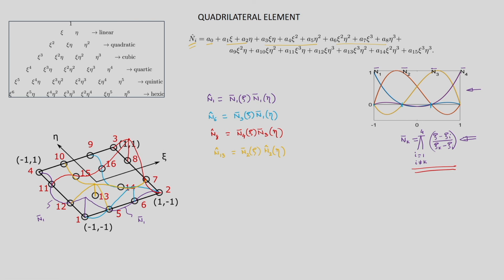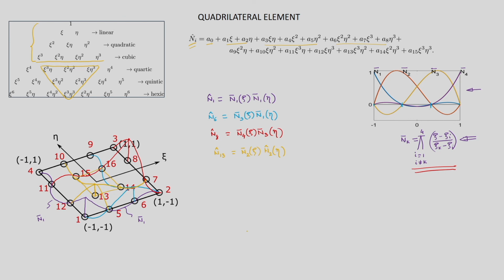Now, if we remember from the Pascal's triangle, in order to satisfy completeness, we should have all the terms up to the cubic row, alright. In addition to these 10 monomials, it will also have these additional 6 monomials, which are more than the completeness requirement, alright. And moreover, we have 4 internal nodes, okay.